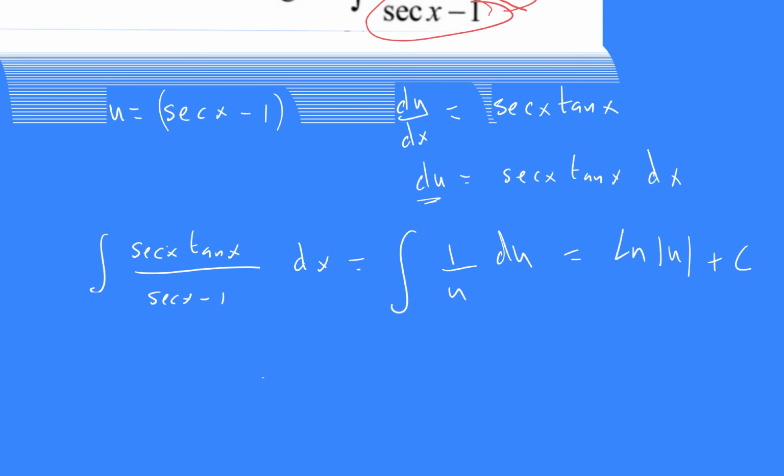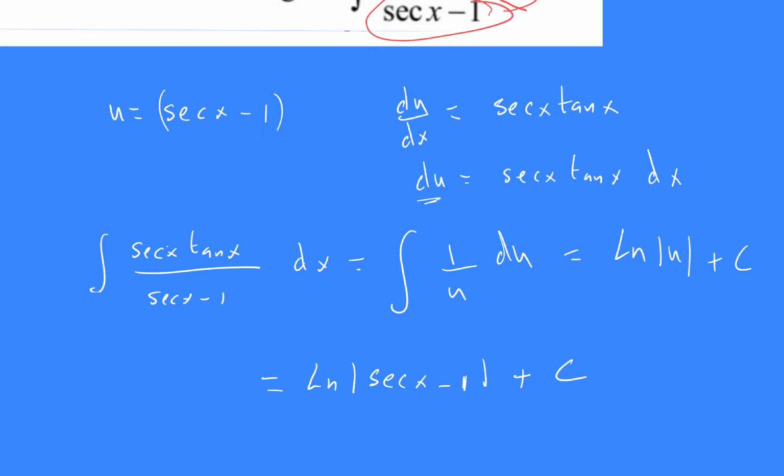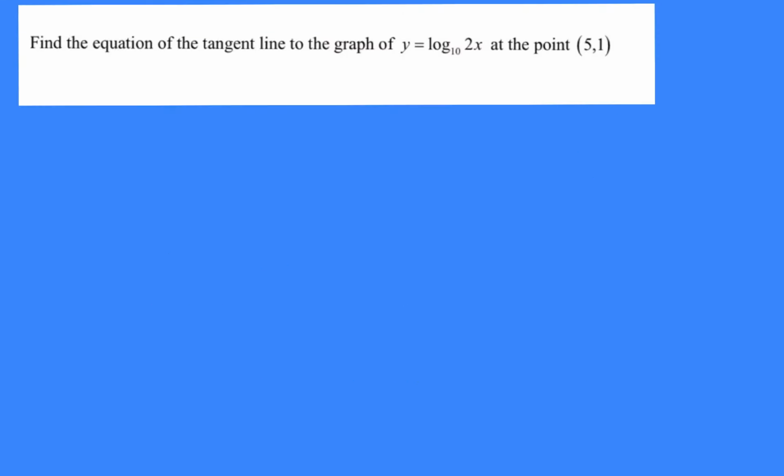The problem is not solved yet until you write that the solution is natural log of secant x minus 1 plus c. Of course, you can take this function, do the derivative, and you should find the integrand. Next problem.